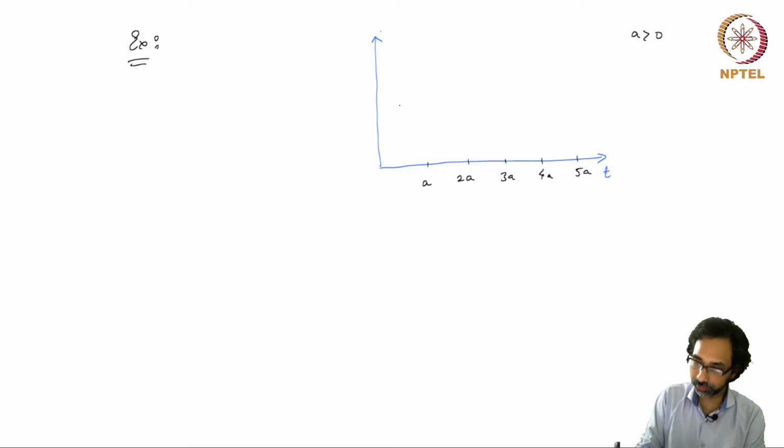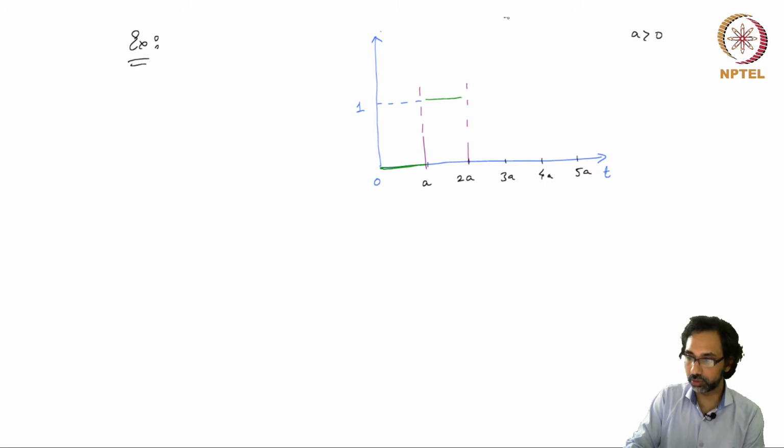The graph of f(t) is 0 from 0 to a, and then from a to 2a this value is 1, then again from 2a to 3a it is 0, and then from 3a to 4a it is 1.